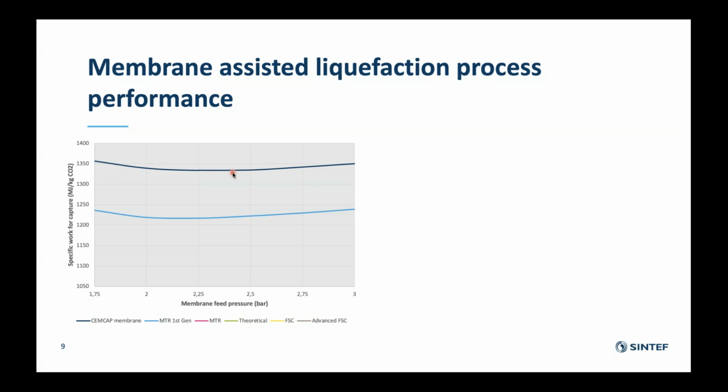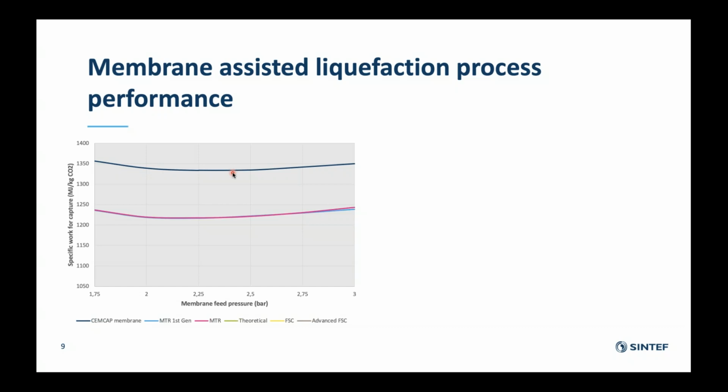This is the specific work for the MTR first generation membrane, where the minimum for the specific capture work moves a bit to the left. The MTR and the MTR first generation membrane are very similar because they have the same selectivity.